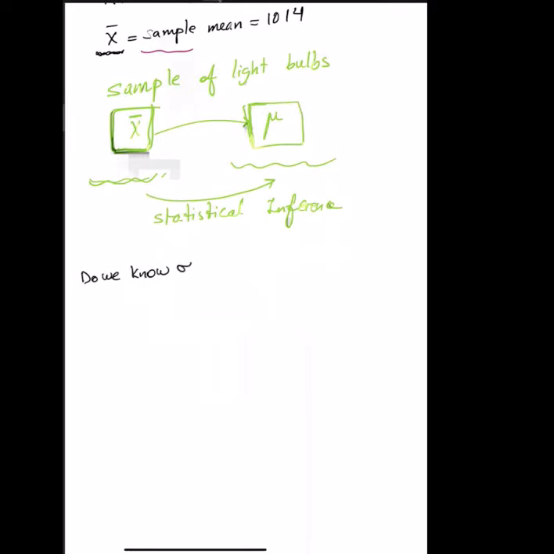The answer has two options. We know sigma. The other option is that we don't know sigma. Before we explain any one of these, tell me what is sigma first.